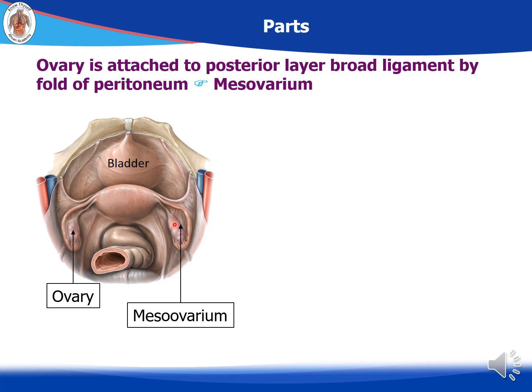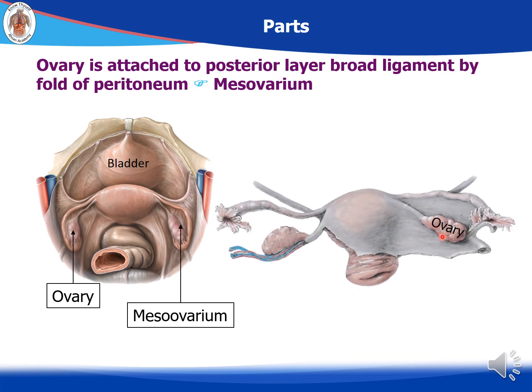And the ovary has one peritoneal fold. So the ovary is intraperitoneal and this fold connects it with the broad ligament. You can see this is the ovary and the ovary has a mesentery. The meso-ovarian is known as the mesentery of the ovary and that connects it with the broad ligament.